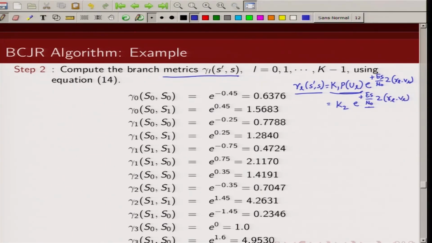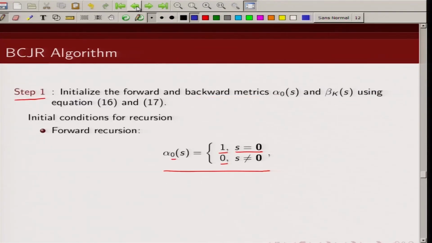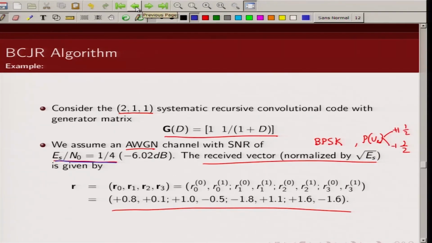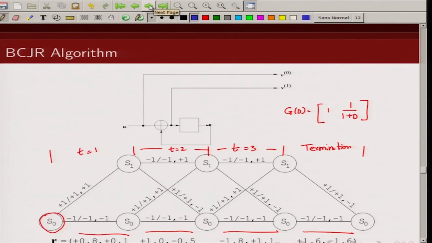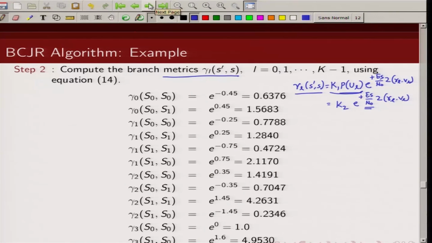Now, in our example, Es by N naught is 1 by 4. If you just go back, Es by N naught is 1 by 4. So, ignoring the constant term, I can write this as RL dot VL by 2.